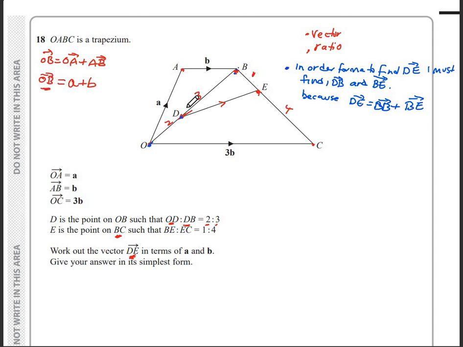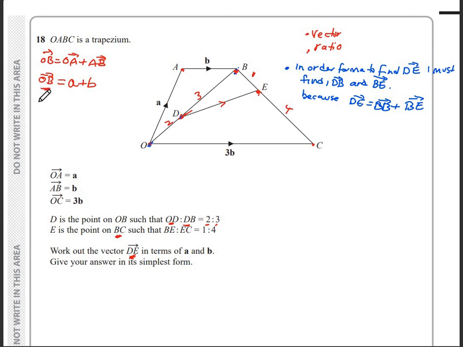Alright, so remember, the reason why I wanted to find OB is because I wanted to find DB, and I realized that DB is a part of the line OB. So notice that this whole line OB equals 5 parts. It has 2 parts plus 3 parts, so it's 5 parts. Now DB is 3 parts out of the whole 5 parts, which we can say is 3/5 of OB.